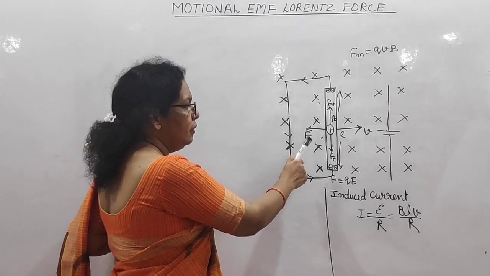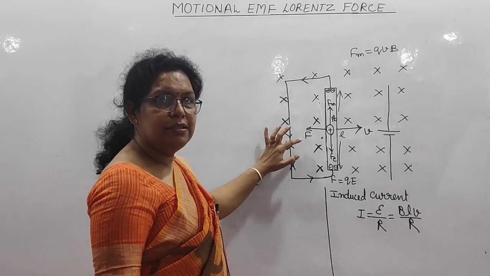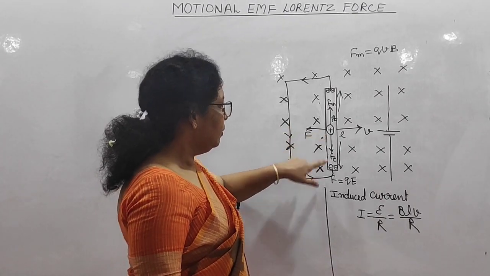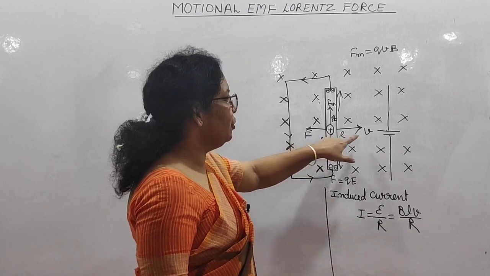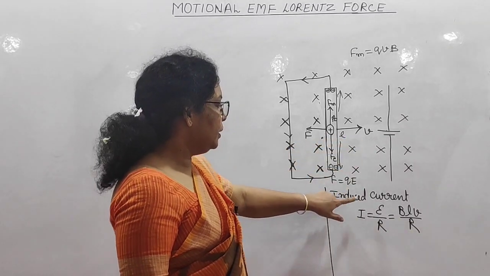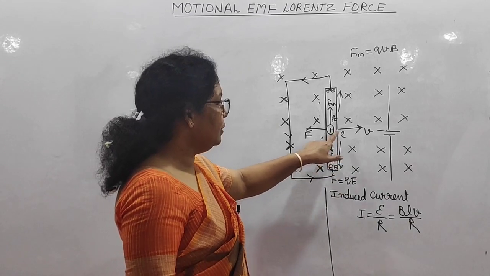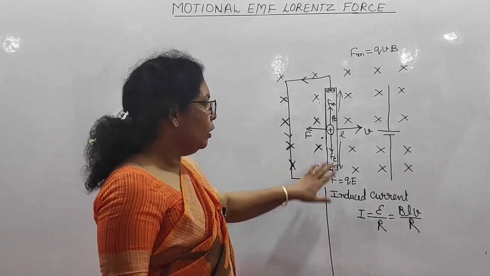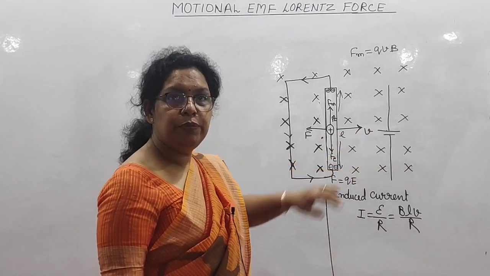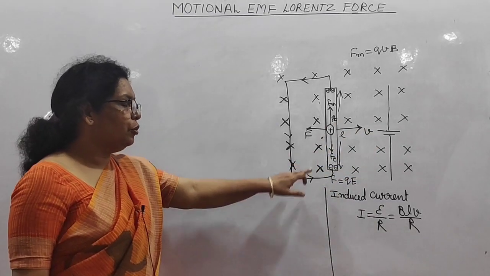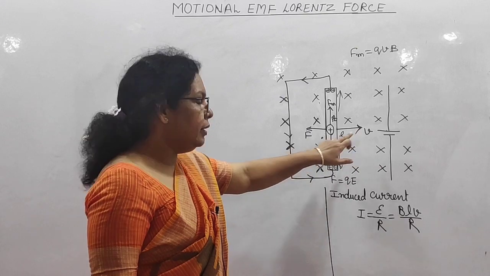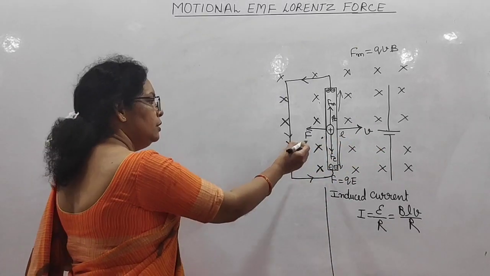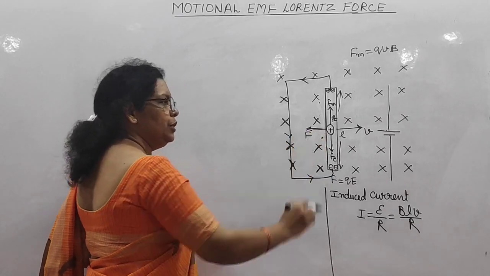This force is just opposite to the motion of the conductor. So according to Lenz's law, the induced current is due to the motion of the conductor, but this induced current is then opposing the motion of the conductor. That means it is opposing the cause due to which it is produced, because it exerts a force in the opposite direction.